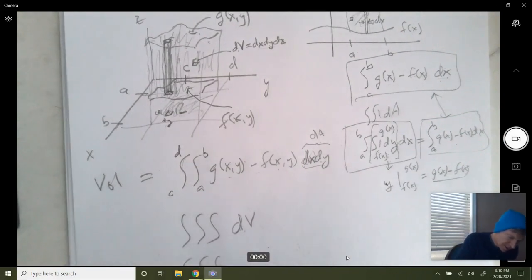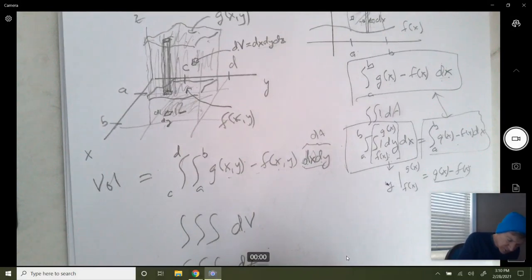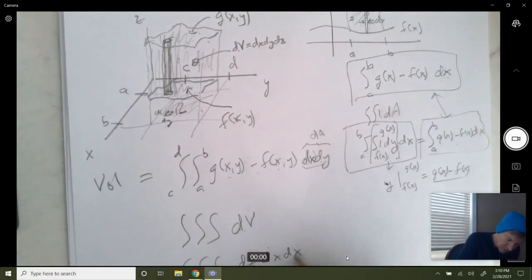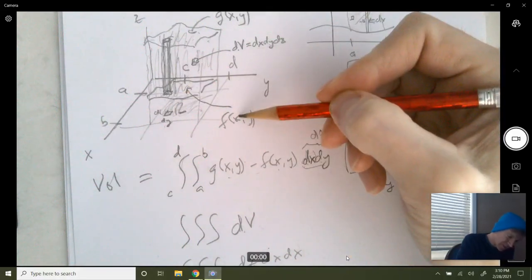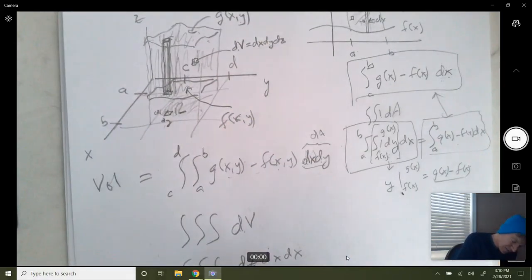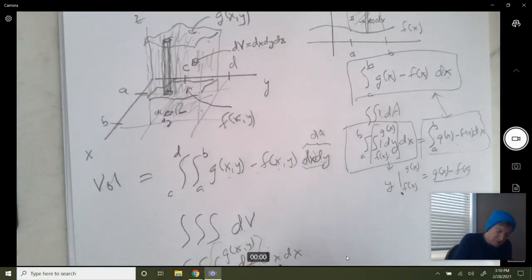In this case, it looks like it's easiest to do the dz first, and then the dx dy. Z is going from this surface to this surface, so you've got f of xy up to g of xy. And after you do the dz first, now you do the dx dy.